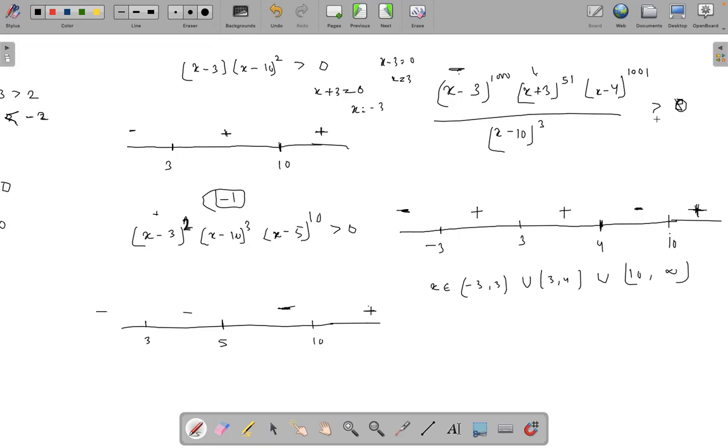When it would have been less than or equal to 0, you have to include these values, except this 10. That is the only difference when you have x in the denominator, because if it is 10, it will be undefined, not 0. So you have to exclude this 10. Is this clear? Yes. Infinity also is open because you don't know what the extreme number is.